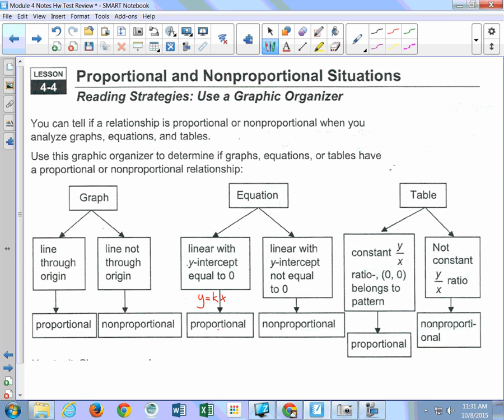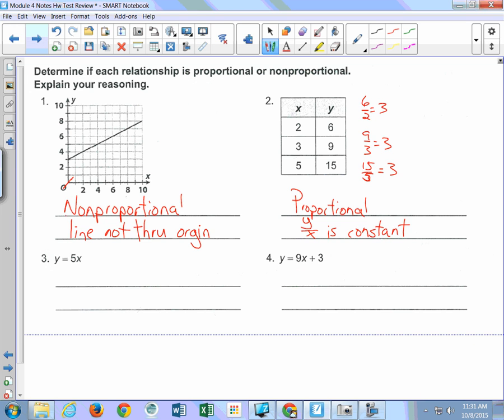For it to be non-proportional, linear with y-intercept not equal to 0, that's going to be your y equals mx plus b form. Let's look at this equation. Is there a y-intercept here? No, so it is proportional. Okay, the reason, y-intercept equals 0.